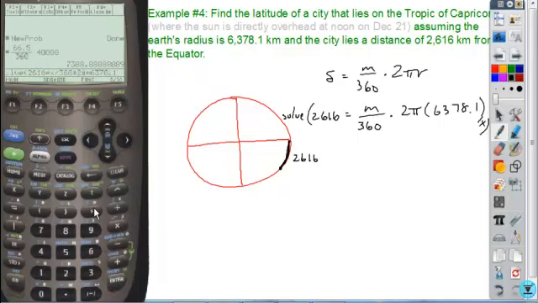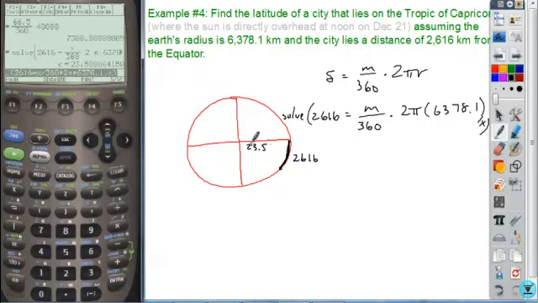Okay, then I want to use a comma x to identify to my calculator what I want it to solve for. Close off my parentheses to end the solve feature of it. And so now when I hit enter, I get my solution, 23.5.